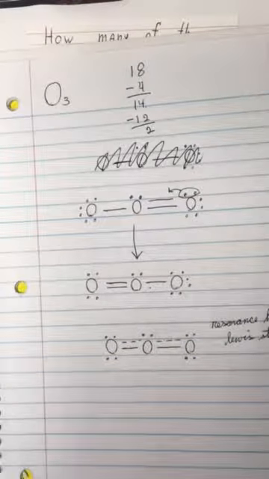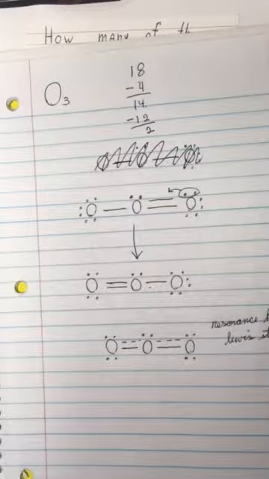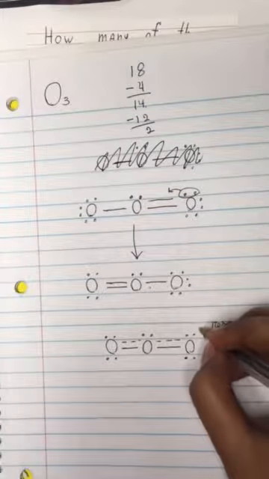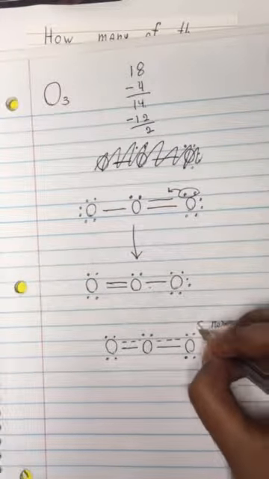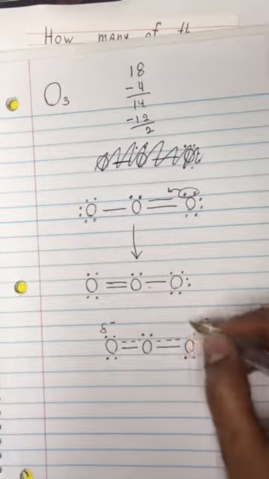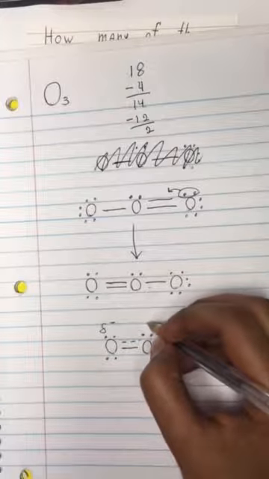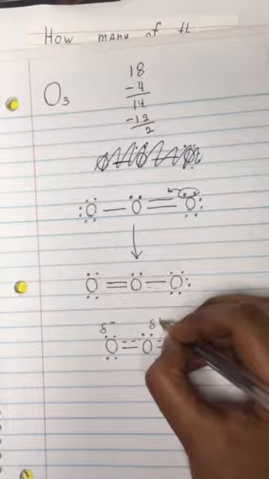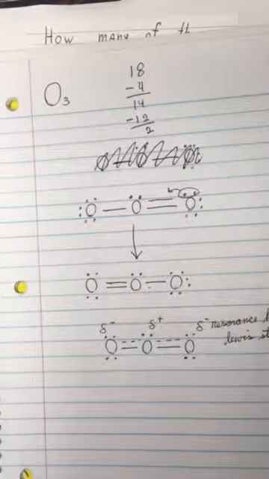Based on this resonance hybrid, the outer oxygen atoms have a partial negative charge, while the central oxygen atom has a partial positive charge.